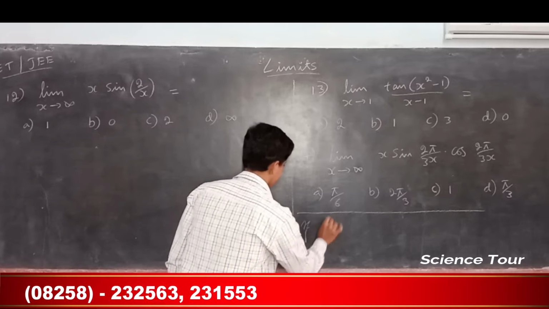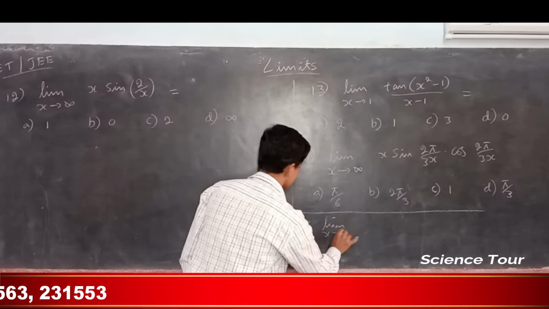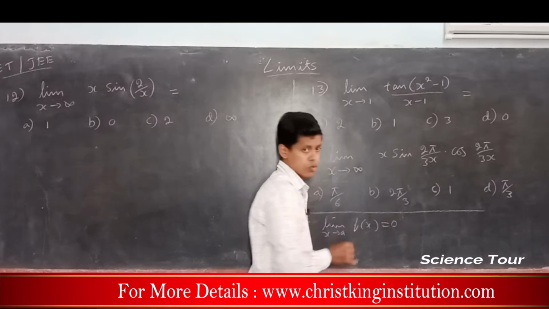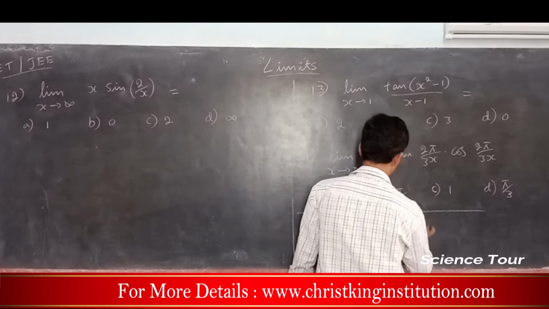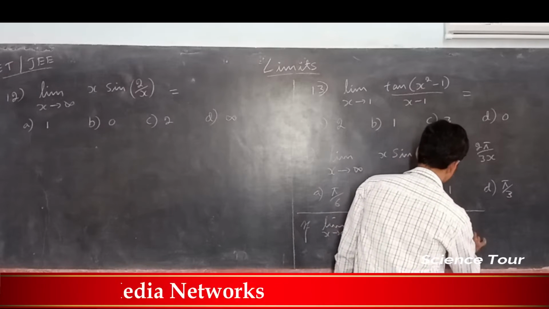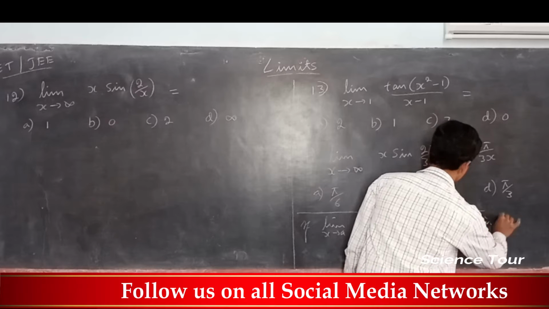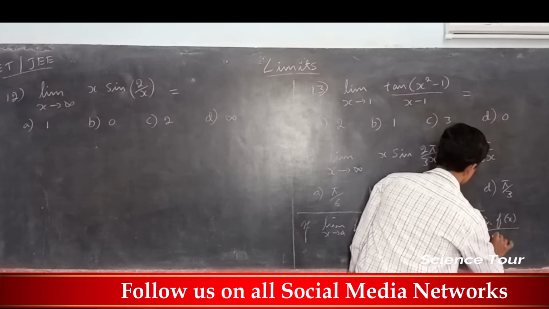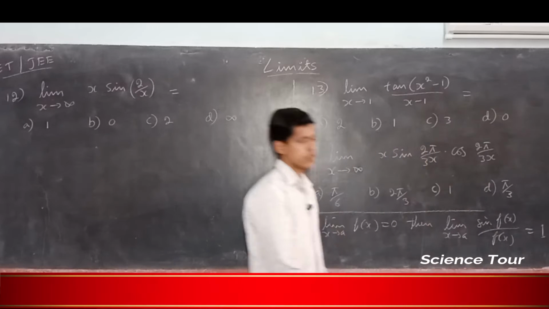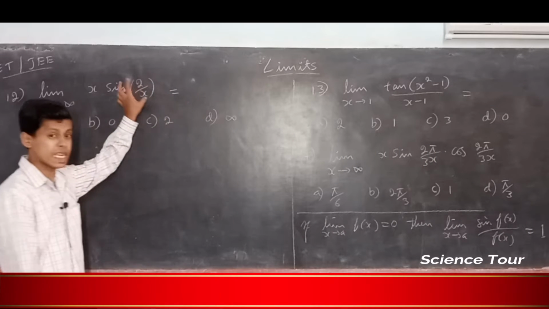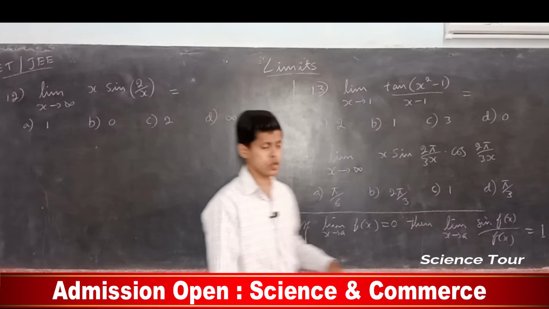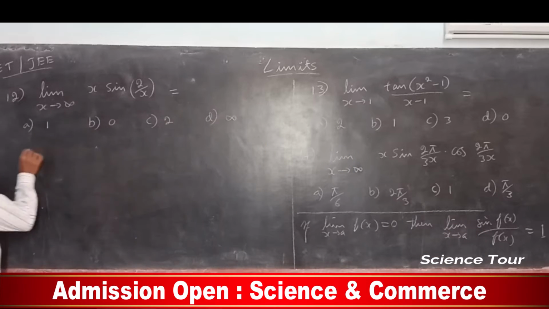If limit x tends to a f of x is 0, then limit x tends to a sine f of x divided by f of x will be 1. Keep that formula in your mind. Let us rearrange the problem in order to get this form.